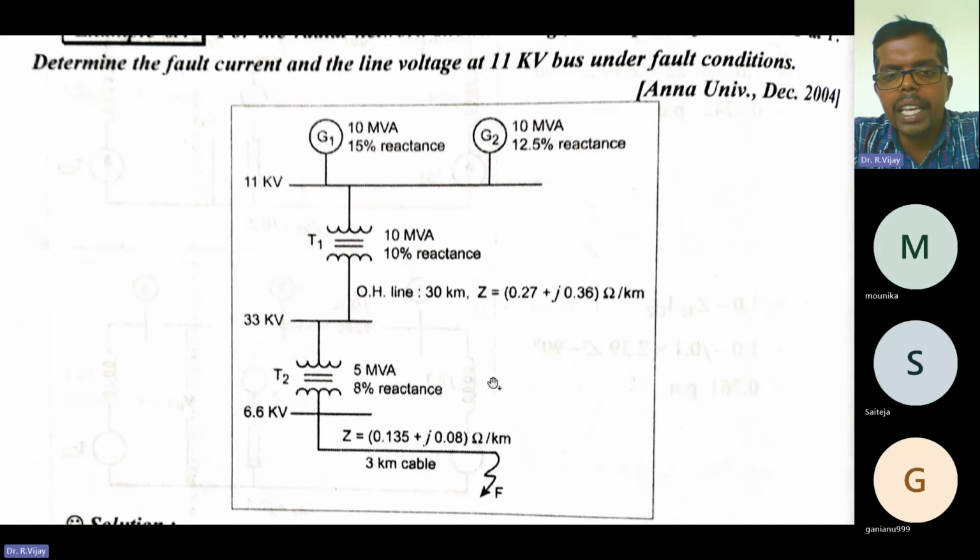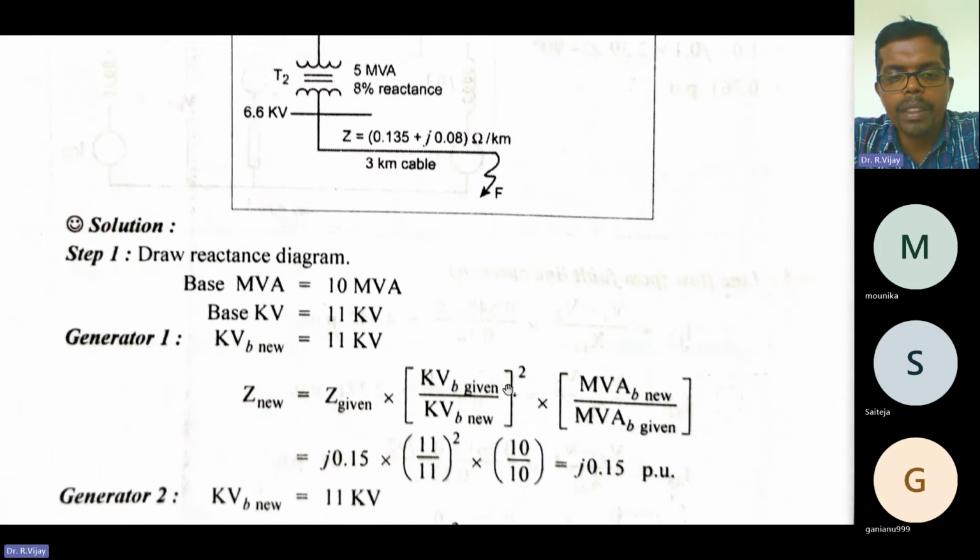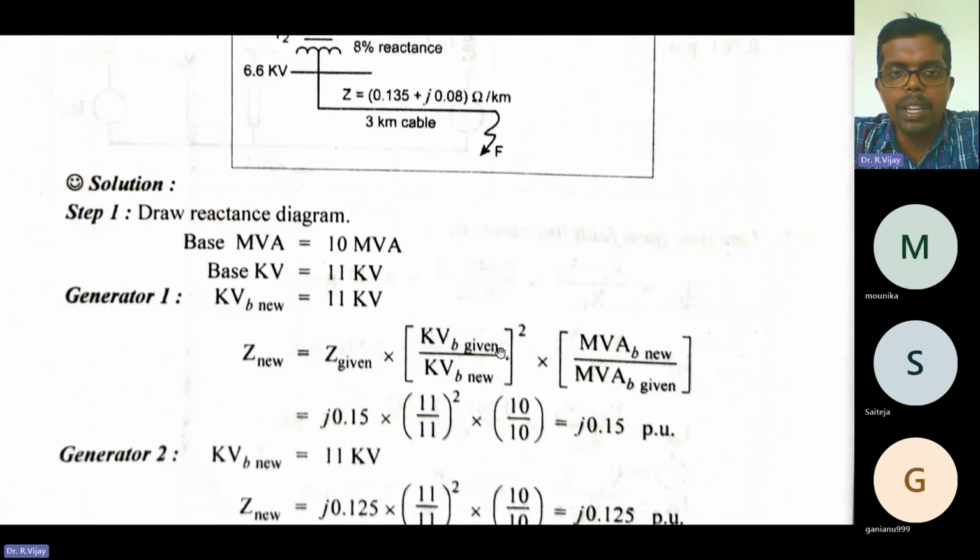Everything we need to calculate, that is the new impedance of each particular element. After that, we need to draw the reactance diagram. After that, we need to find the fault current in that particular area and the bus voltage at the particular bus also given in the problem.